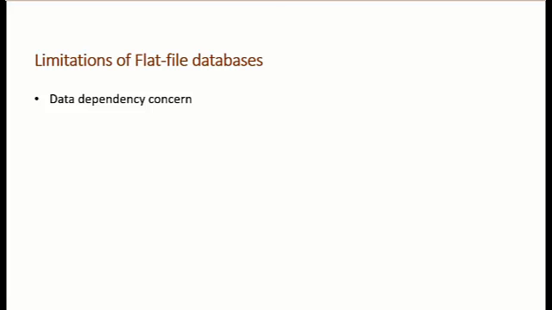This makes changing the structure of the data file difficult. This characteristic of file-based or traditional file systems is known as program data dependence, or sometimes it is also called interdependence of data and program.